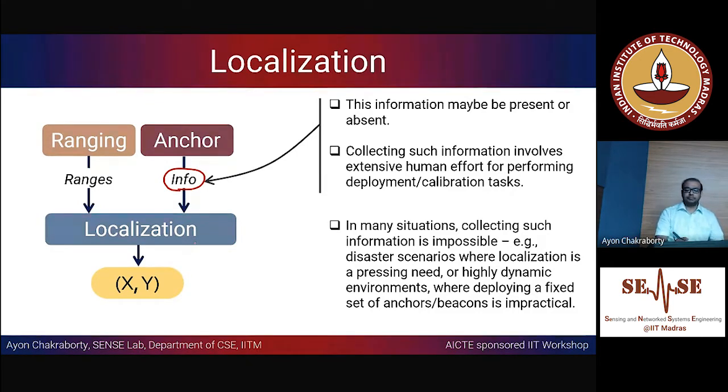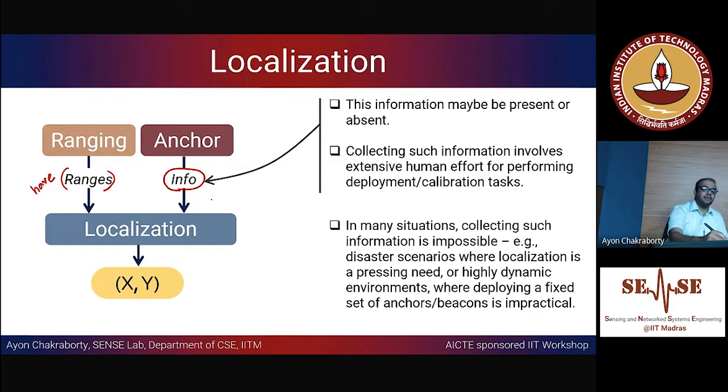Okay. So ranges we still have, right? Please try to understand the premises, right? We have ranges. Okay. And we have the anchors. Do not think that we do not have anchors. There are nodes or there are beacons who are going to range with your device. Okay.